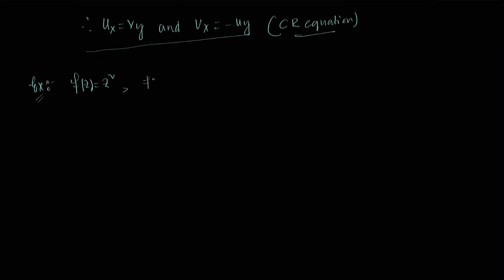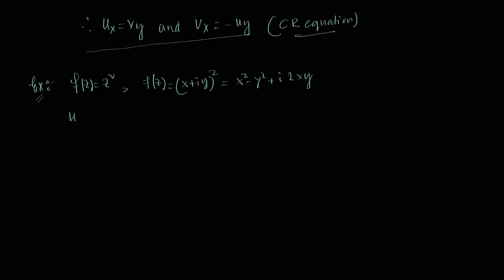We write f of z is z square, which is x plus I y whole square, that is nothing but x square minus y square plus I times 2xy.